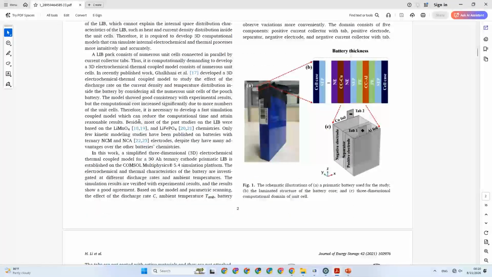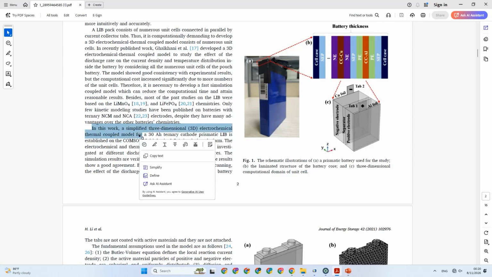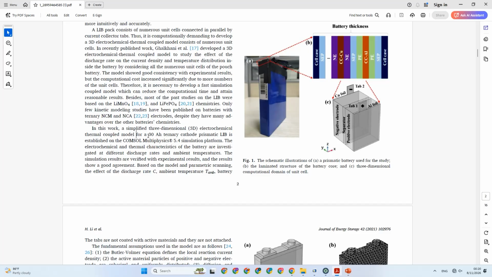Okay, let me find it here. They said in this work, a simplified three-dimensional electrochemical thermal coupled model for a 30 Ah ternary cathode prismatic LIB is established on the COMSOL Multiphysics 5.4 simulation platform.